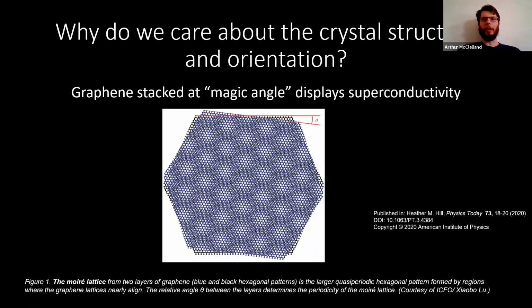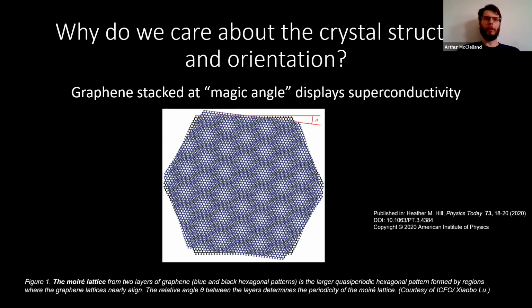Why do we care about the crystal structure and orientation? So I said that you get different properties depending on the crystal structure and the orientation. A very dramatic example for quantum materials is this twisted graphene that was discovered a couple of years ago. Graphene has these little hexagonal patterns. Graphene would be a single layer of carbon.